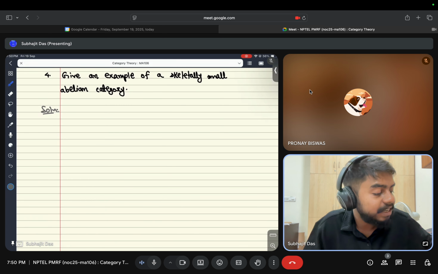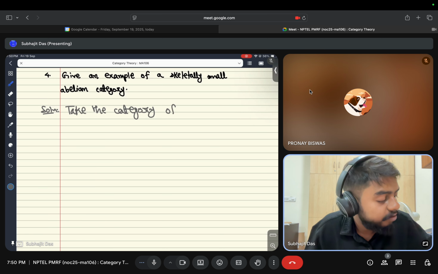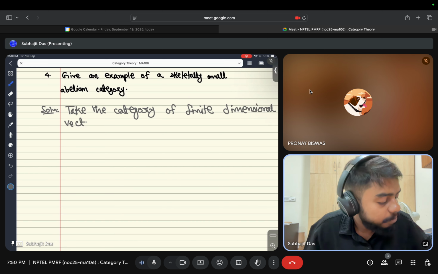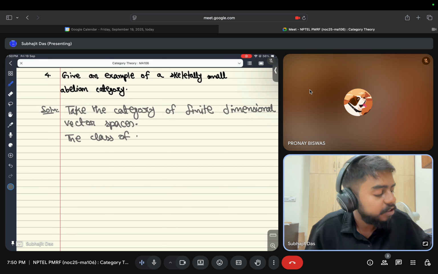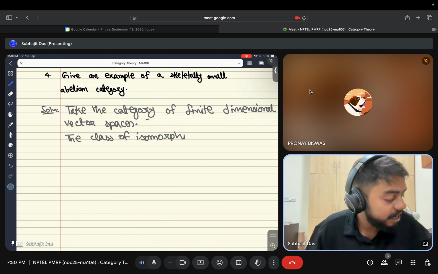Okay, so give an example of a skeletally small abelian category. Take the category of finite dimensional vector spaces. This is an abelian category.